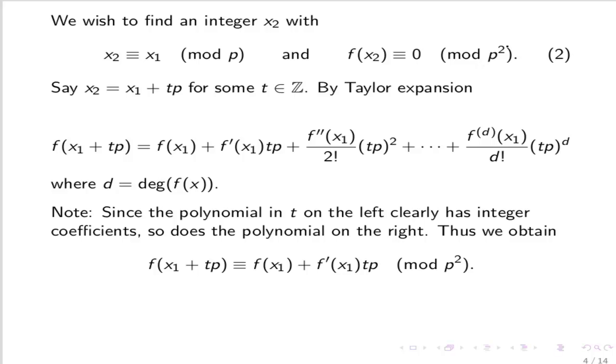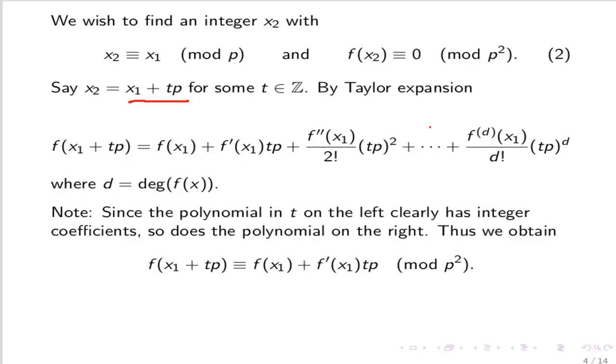Since x2 is congruent to x1, it's of the form x1 plus t times p for some integer t. Then I do a Taylor expansion. So f of x1 plus tp is f of x1 plus f prime of x1 times t times p plus f double prime of x1 over 2 factorial times tp squared.